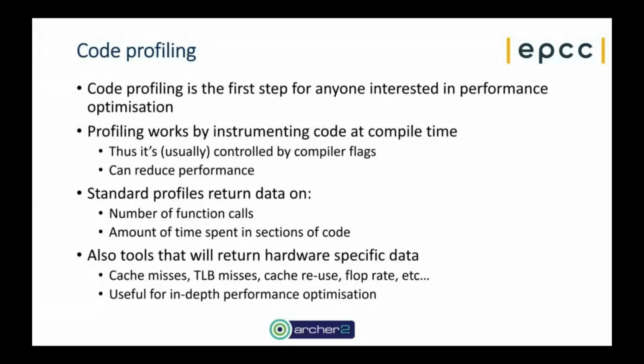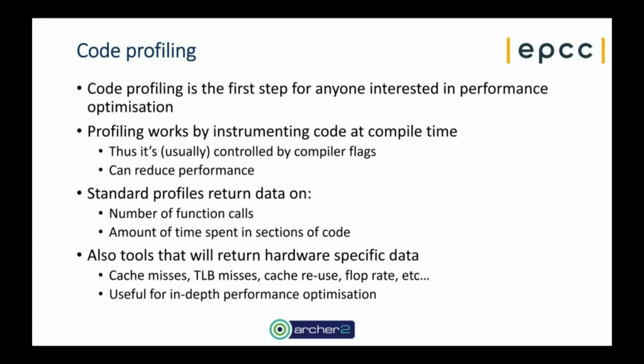Code profiling is the main thing we're going to do, particularly in this course, and we're going to do basic profiling. We can do this by letting the compiler add some functionality into our code to track what's going on. The compiler will instrument the code, and then when it runs, it will generate some extra data to say what parts of the code were being run at what time, and we can use that to look at where the time is being spent.